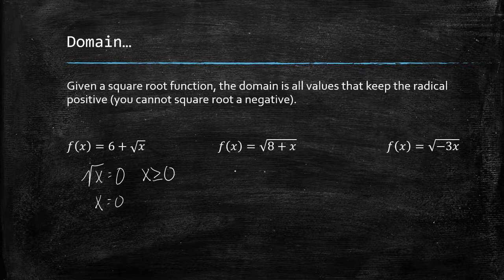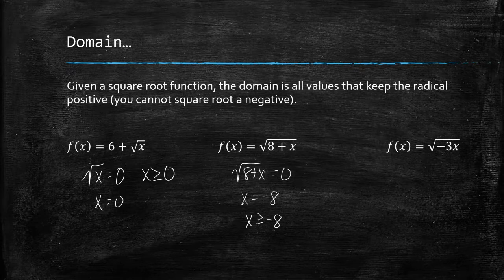For the next one here, if I say the square root of 8 plus x is equal to 0, and I solve that, I know that x gives negative 8. Therefore, any value larger than or equal to negative 8, because you can square root 0, is going to be the domain. If I put -7 in here, 8 plus -7 is 1, the square root of 1 is 1.